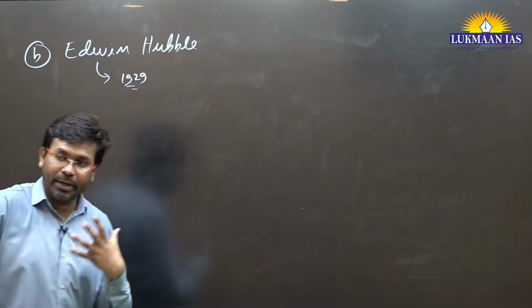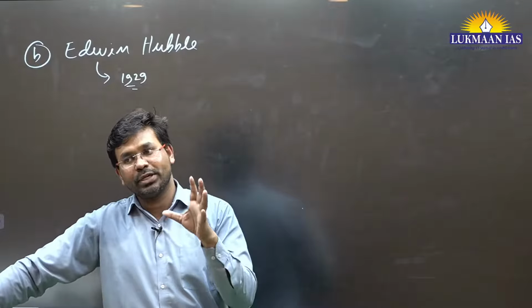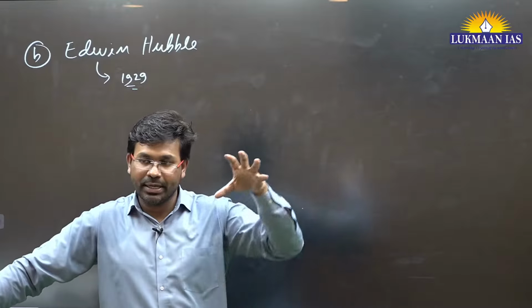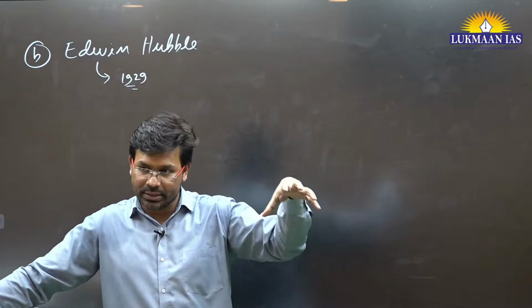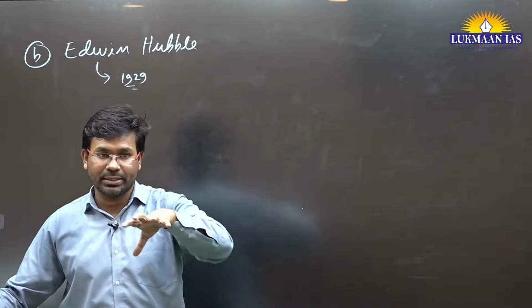Do we know what we mean by galaxy? Basically, we are residing on a planet, known as planet Earth, and we are part of a solar system. At the center of the solar system we have the sun, and all planets are revolving around the sun.